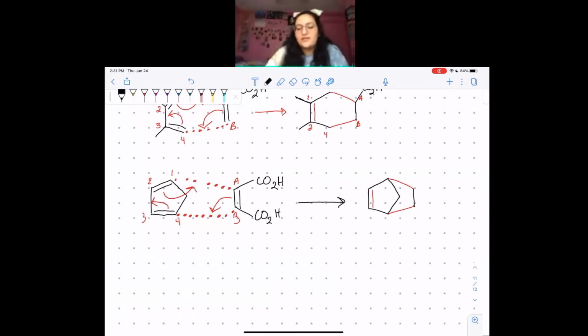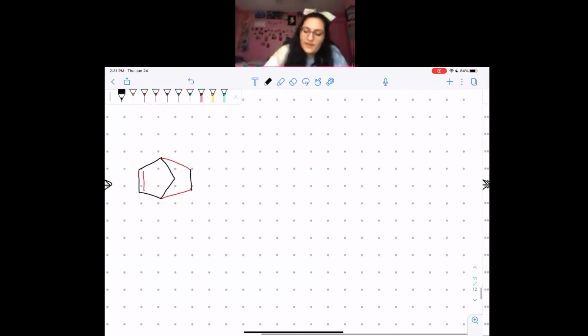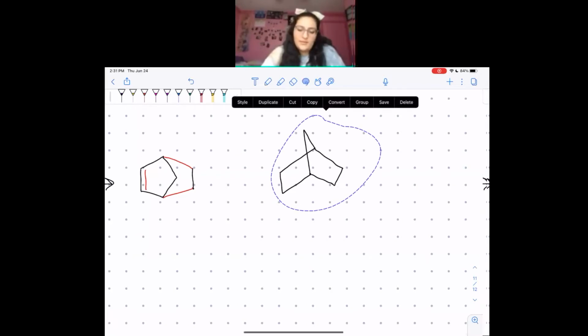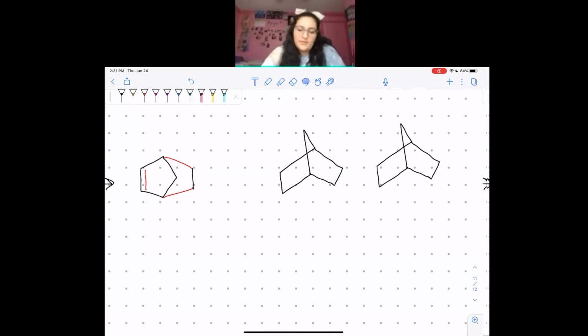So I'm going to draw this in 3D over here. And it shall look something like so. And the bridge goes up. And I'm going to duplicate this so I don't have to draw it again. The wonders of iPads. All right.